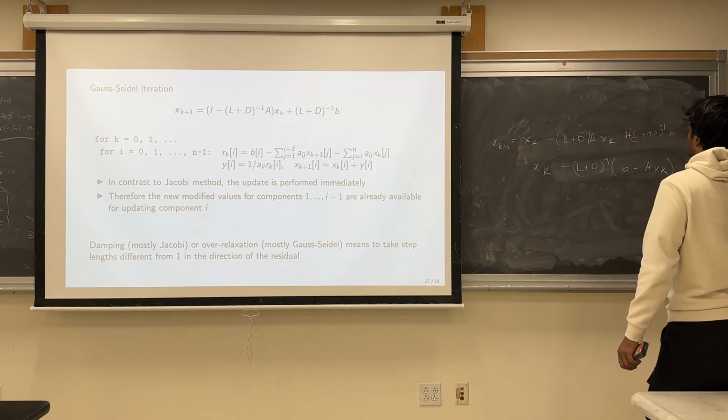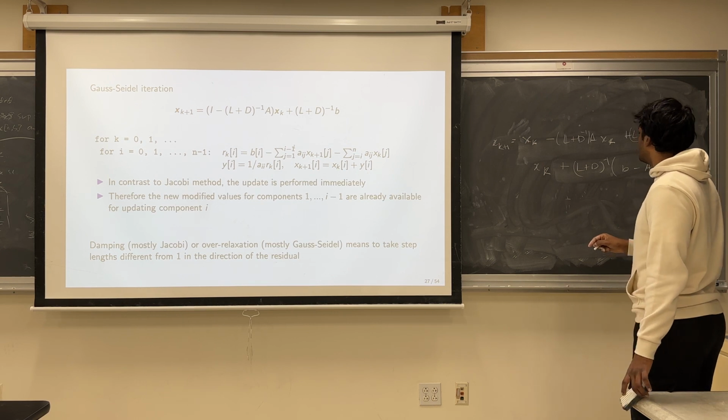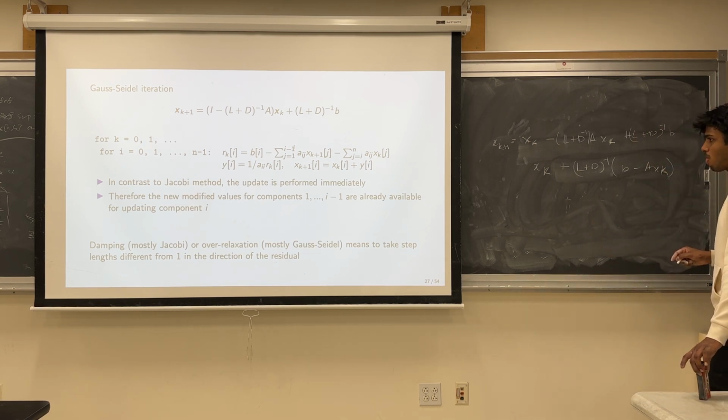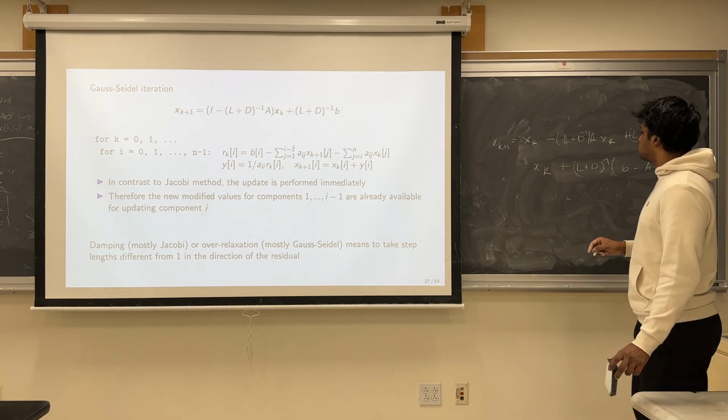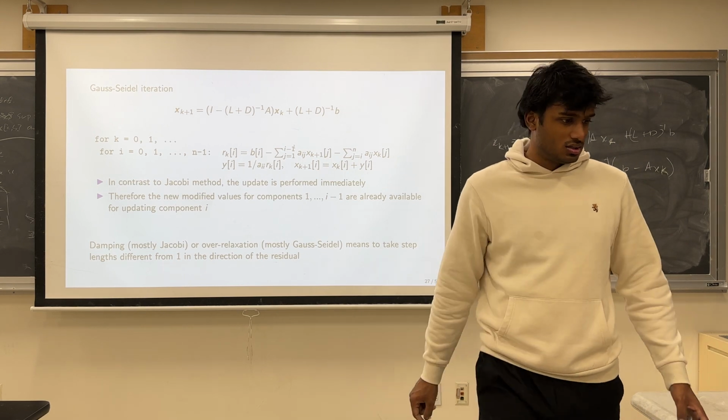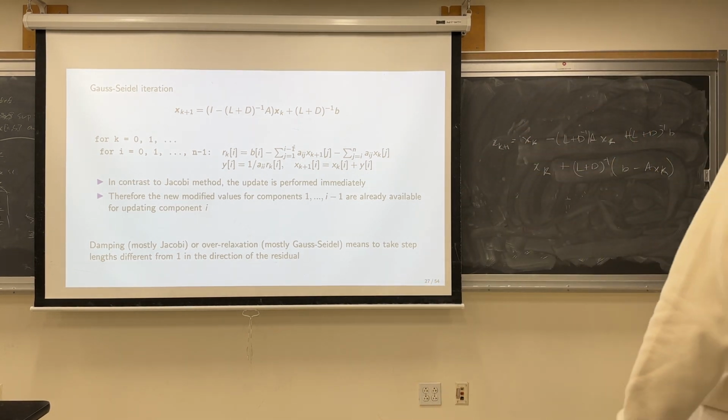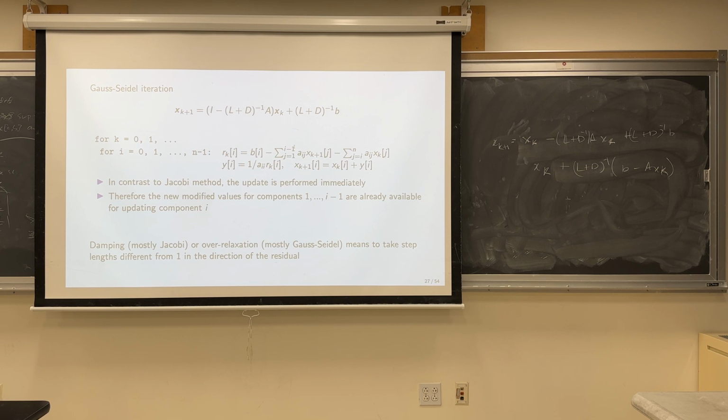What I don't understand is how is it any different from the previous one. I'll have to see in the textbook. I don't understand it from here. Oh, no. b minus A x_k.